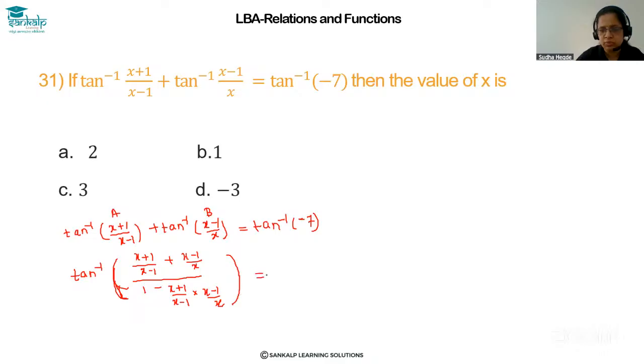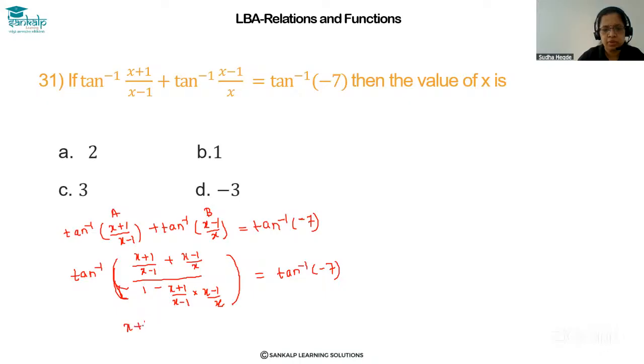That is equal to this side, keep it as it is, tan inverse of minus 7. Okay. So now you apply the tan function on both sides. So tan inverse tan cancels. You are going to get only the bracketed term.